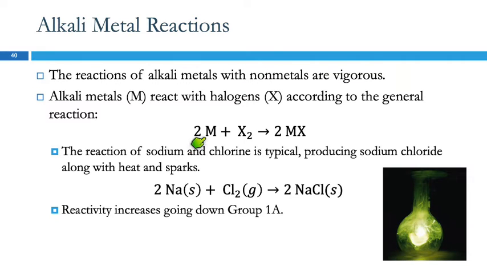So a metal can react with a halogen. X is often used to represent one of the halogens. And then you're going to get a metal halide as your product. Here, two sodiums plus a chlorine molecule is going to give us 2 NaCl.